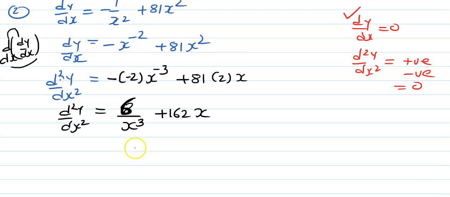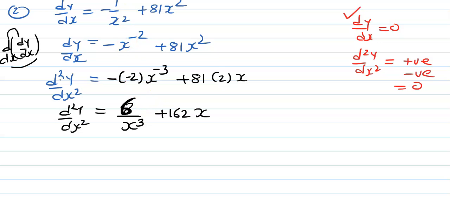Is that okay now? Okay, so 3 times 2 is 6, it is 6x cube. And this is what we got here. It was minus x to the minus 2, so minus 2 is coming here.